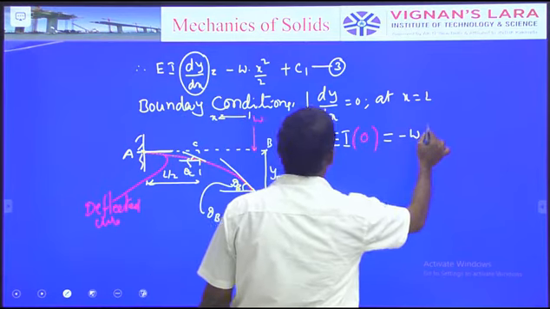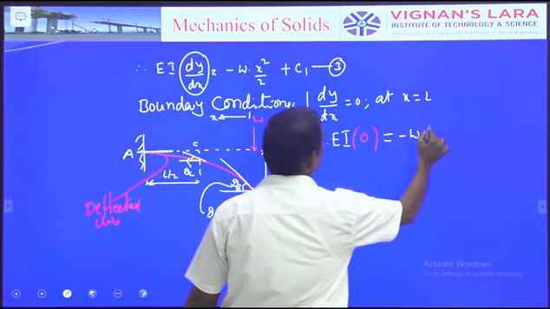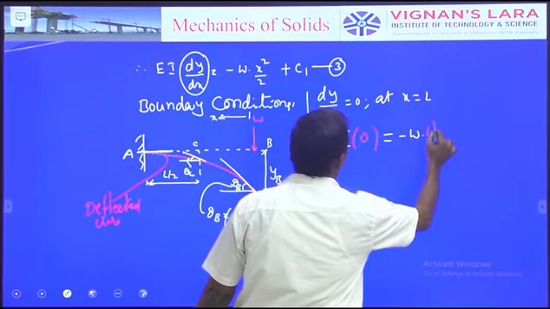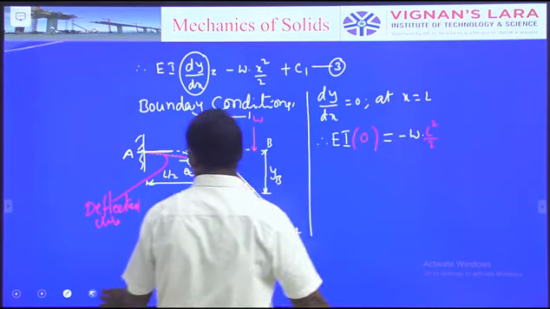X is equal to L, so that is L square by 2, minus w L square by 2.